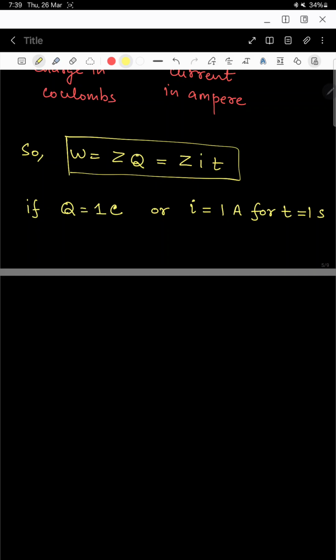So either we can take charge to be 1 coulomb or current to be 1 ampere for time 1 second. In both the cases Z will be equal to W.